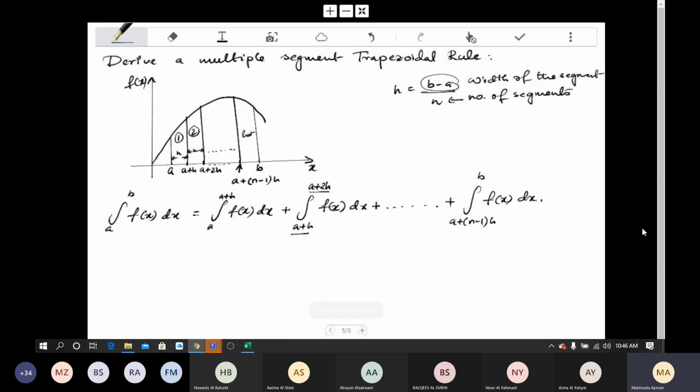How do we approximate it? What is the formula for this one here?